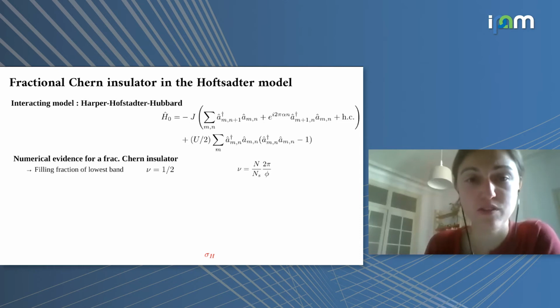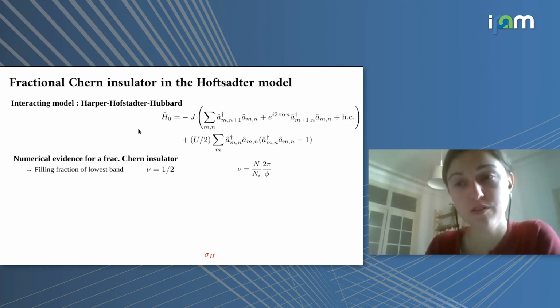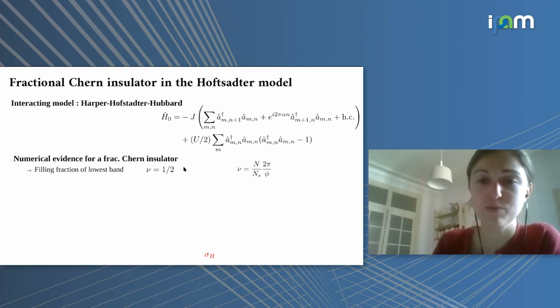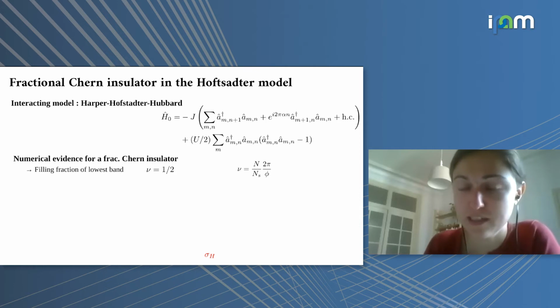Namely, if you tune the number of lattice sites and bosons in your system such that the filling fraction of the lowest band is equal to 1/2, and if the flux is low enough, then you will find evidence of a fractional Chern insulator.